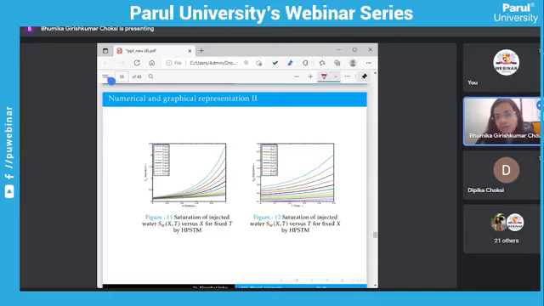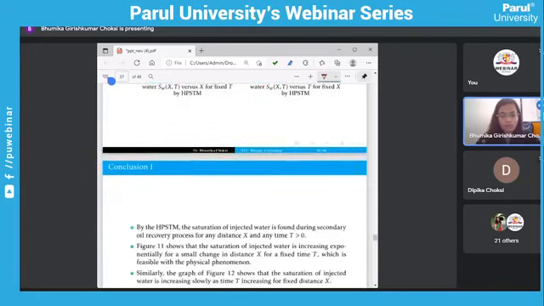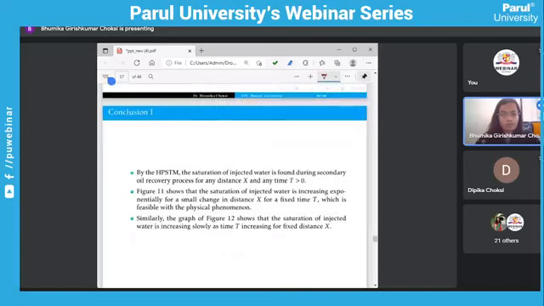So this is our main goal: if the saturation of injected water is increasing, that means more oil is traveling towards the production well, and we can recover more oil from the production well. So this is our conclusion. By the homotopy perturbation method, we can extract maximum oil by increasing the saturation of injected water.